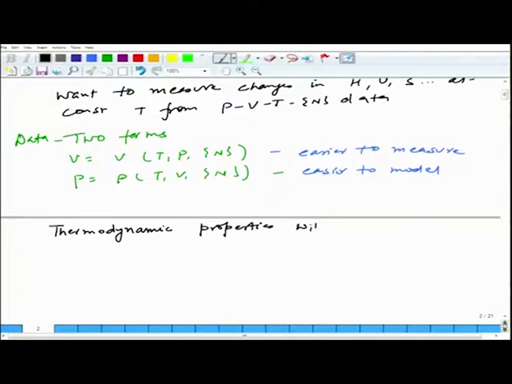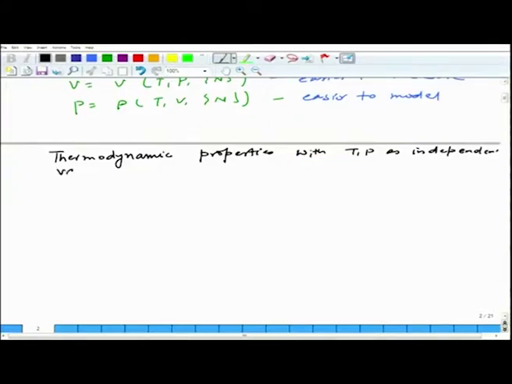Okay, so let me just start first with thermodynamic properties with T, P as independent variables. So let me start with this first. And what is our goal?